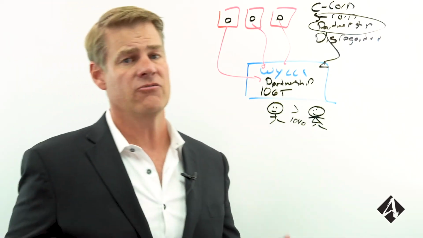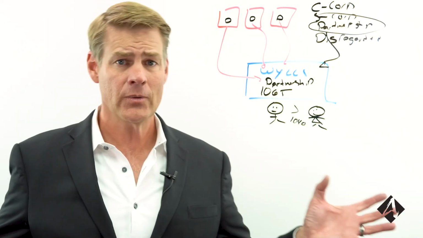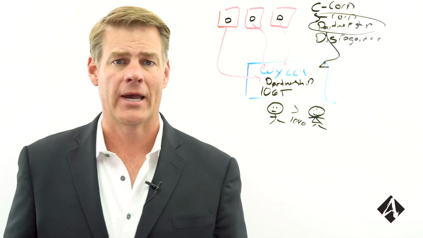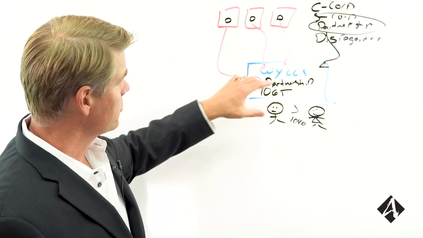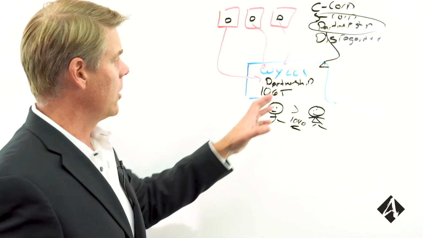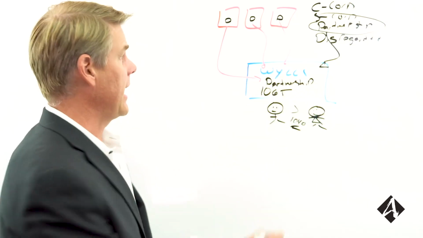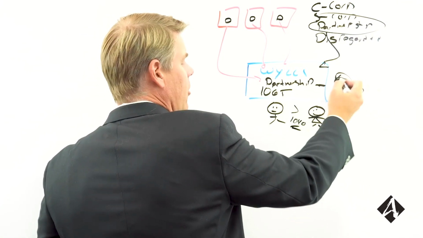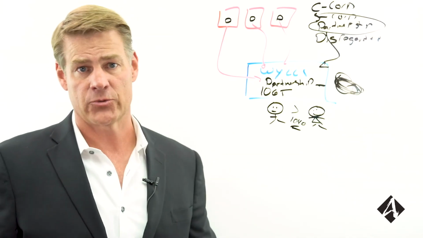Okay, now the 1065 that you file, that's okay. It's still pass through, but it doesn't hit your return the same way. You see, if this was all disregarded, as I showed you earlier, it all flows down onto your 1040. Well, when you make this a partnership, what's going to happen is this is all going to flow down to here, and it's going to get calculated out on the partnership's tax return.